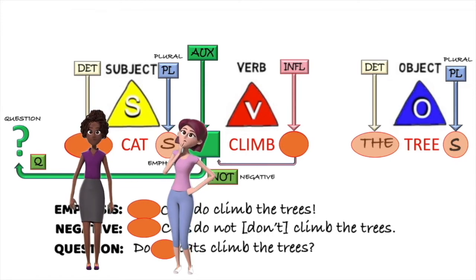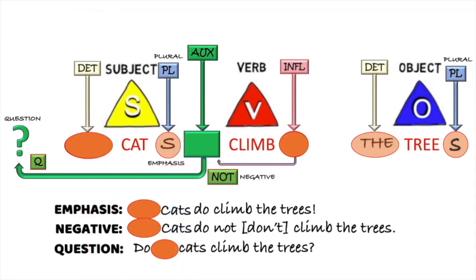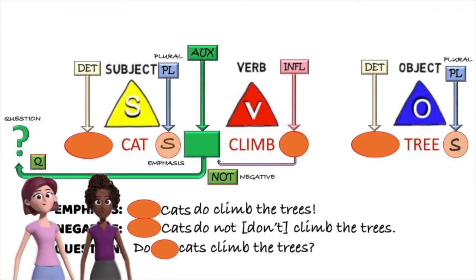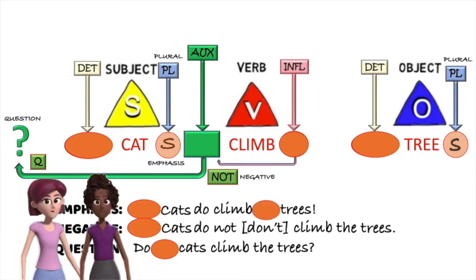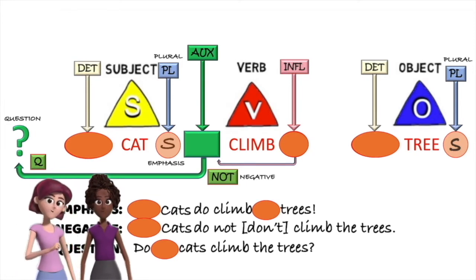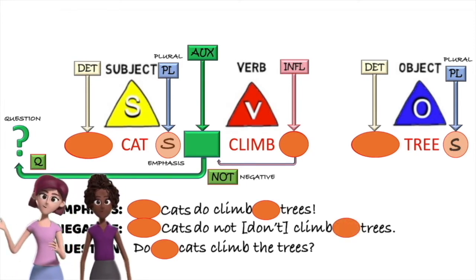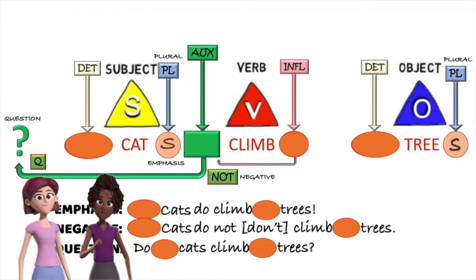Suppose it was trees in general. Well, you'd do the same as you did for cats and take out the. So we'd say cats climb trees. Which would become cats do climb trees for emphasis. Cats don't climb trees in the negative. And do cats climb trees would be the question.